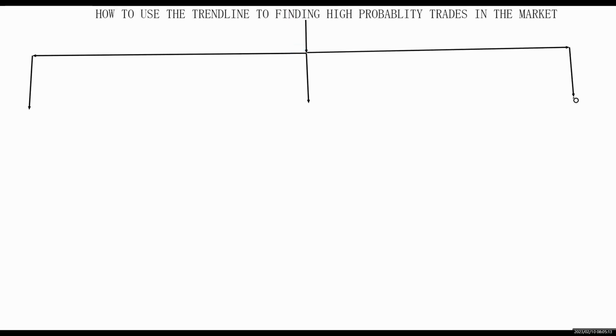So the first one I would love us to talk about is combining the trend line plus support and resistances. This is a very, very, very important one in the market, right?